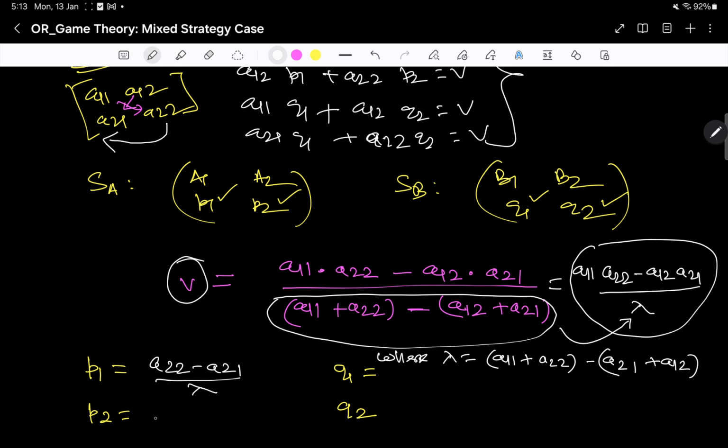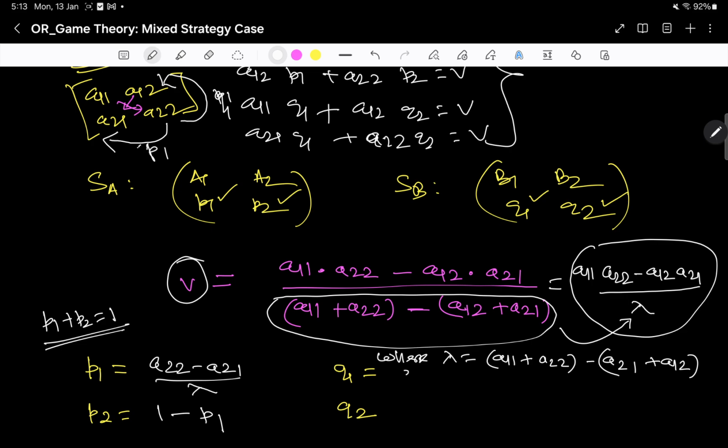Once I find P1, you know P1 plus P2 is 1, so P2 is 1 minus P1. Similarly, for Q1 it will be A22 minus A12, over lambda.